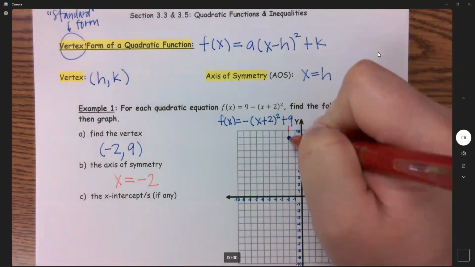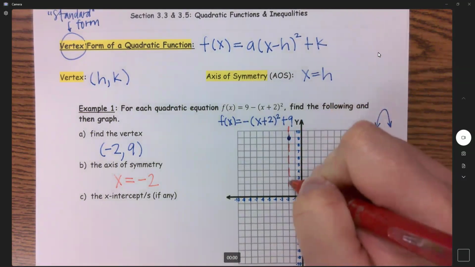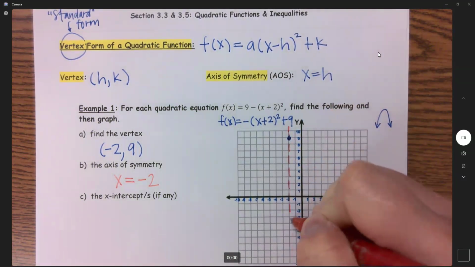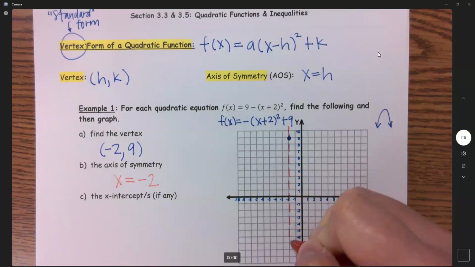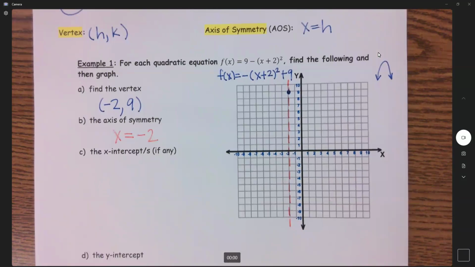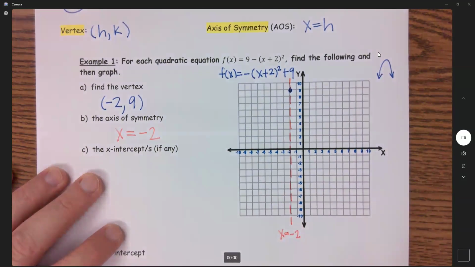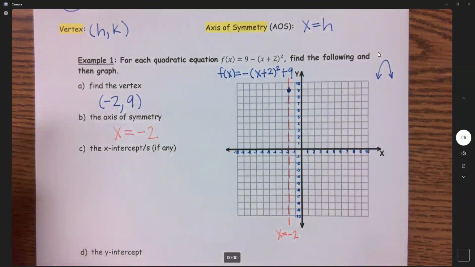It might, I can't remember if it's this homework or homework from another class, but when you're putting that axis of symmetry, you're going to represent that with a dashed line. That dashed line kind of lets you know it's imaginary. It's not really there, but we're putting that in there. So we're going to put it with a dashed line and then label that as x equals negative 2.